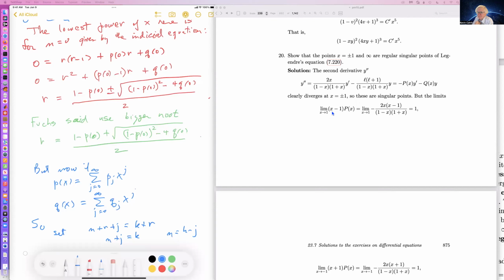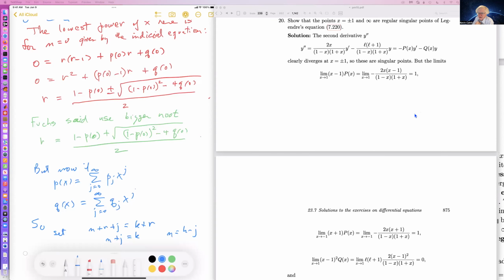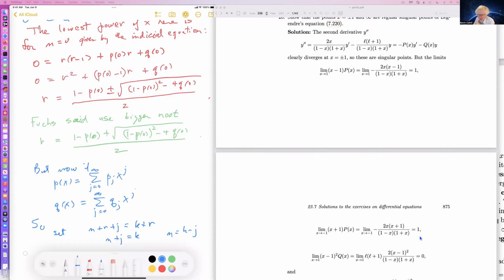But on the other hand, they're not bad singular points, because if you multiply by x minus 1, x minus 1 times P, the x minus 1 terms cancel and we just get 1. And if we go to the other limit, x going to minus 1, we have x plus 1 times P, and the x plus 1's cancel, and we get 1.